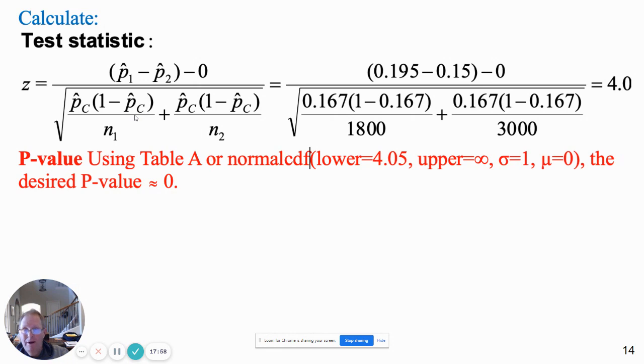Now, in the bottom part, I have to use my pooled proportion of successes and pooled proportion of failures. I multiply it by 1 over the sample size of the first sample plus 1 over the sample size of the second sample.